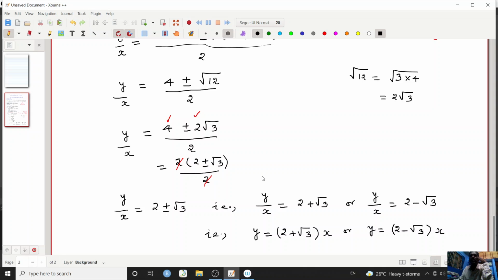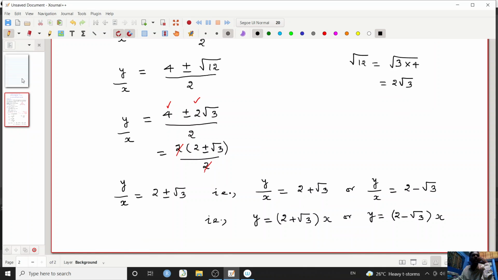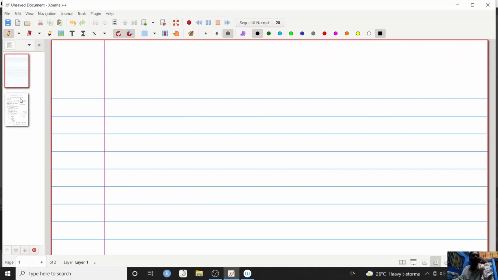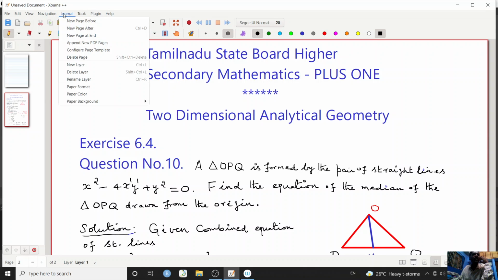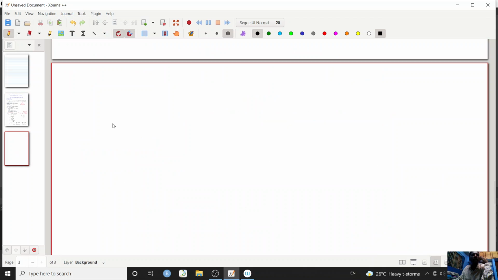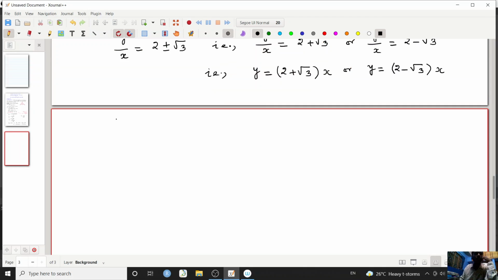So these are the separate equations of lines.